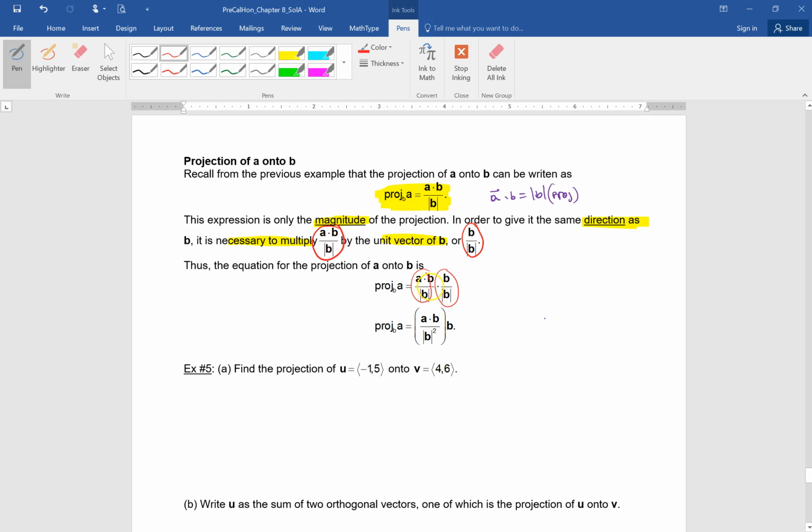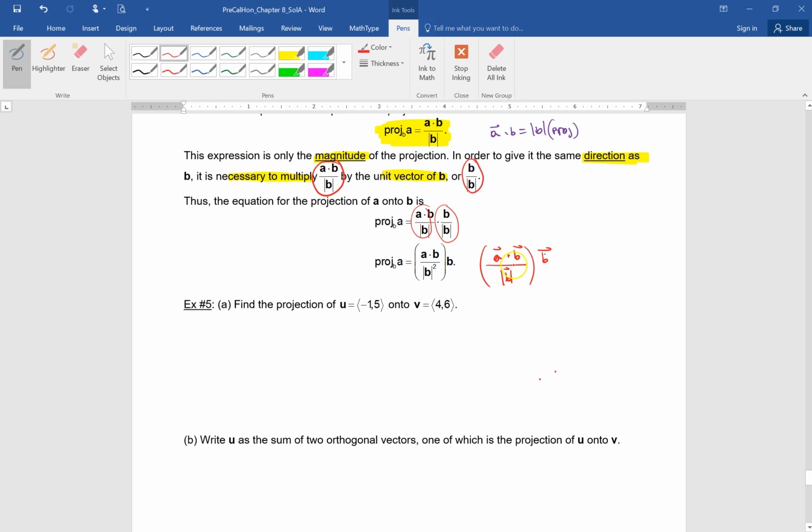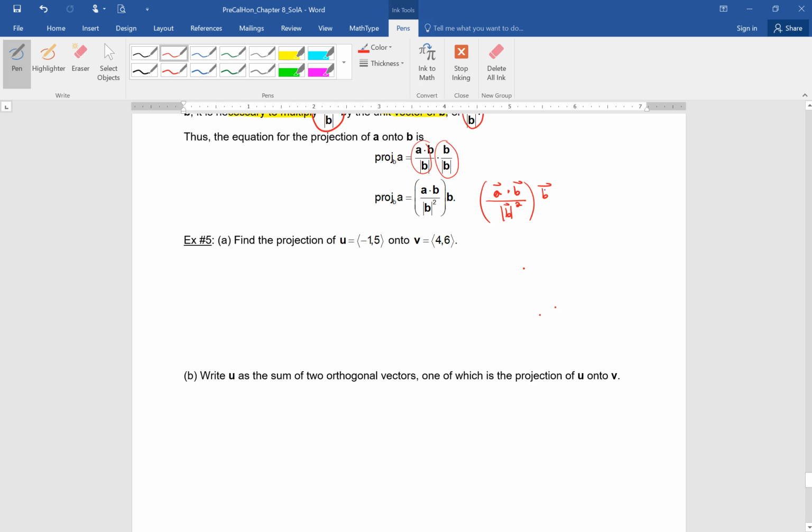I have A dot B over the magnitude of B squared, times vector B. That now is the projection. Squared, yes, absolutely.